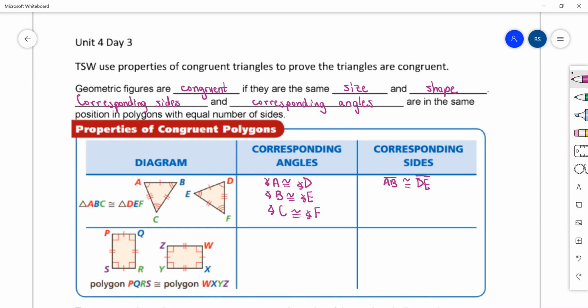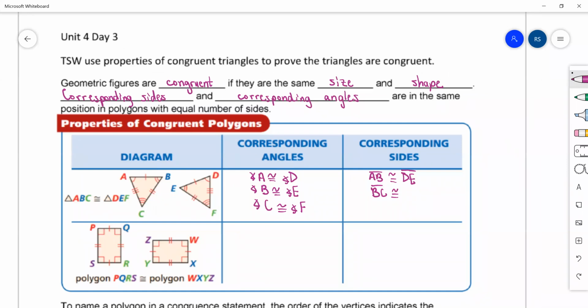Now I'm going to go BC. So segment BC is congruent to, well, I did 2 to 3. So I'll do the same over here, 2 to 3. It's going to be E to F. So BC is congruent to EF.